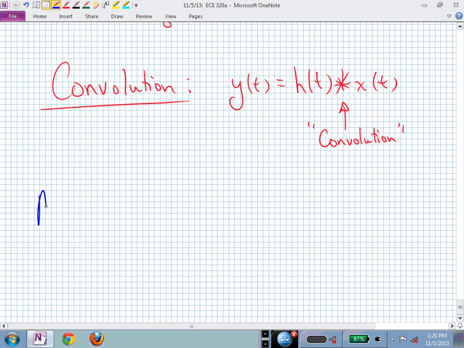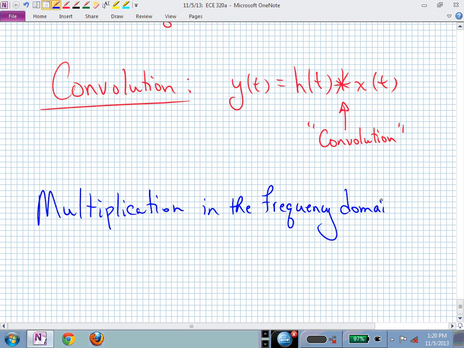And you'll hear this recited over and over again, possibly by other faculty: multiplication in the frequency domain corresponds to the convolution operation, or convolution, in the time domain.